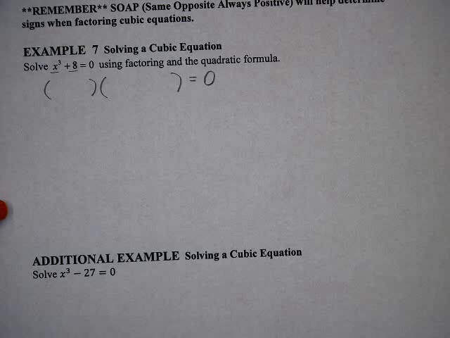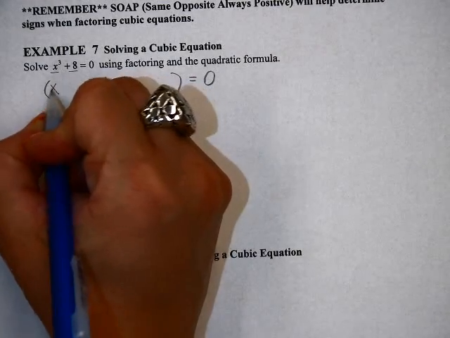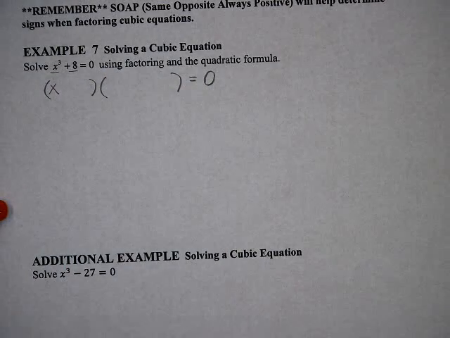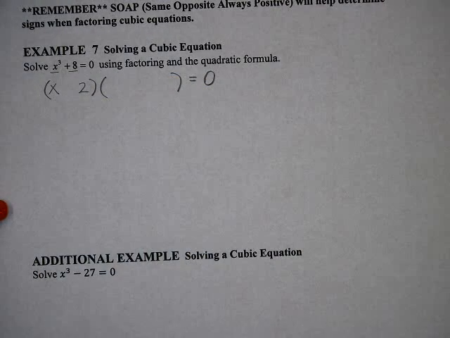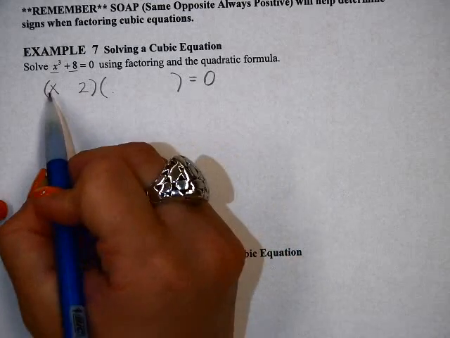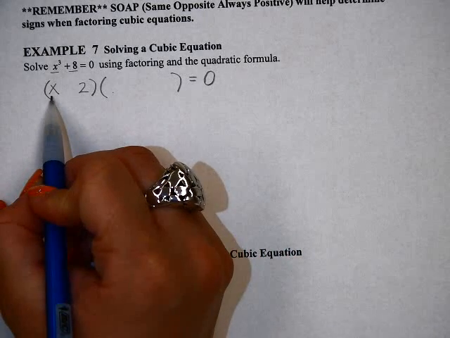So the cube root of x cubed will be x, and the cube root of 8 will be 2. So that is how you get your terms in your small parentheses. And inside your big parentheses, to get your first term, you will square the first term in your first parentheses. So x squared.